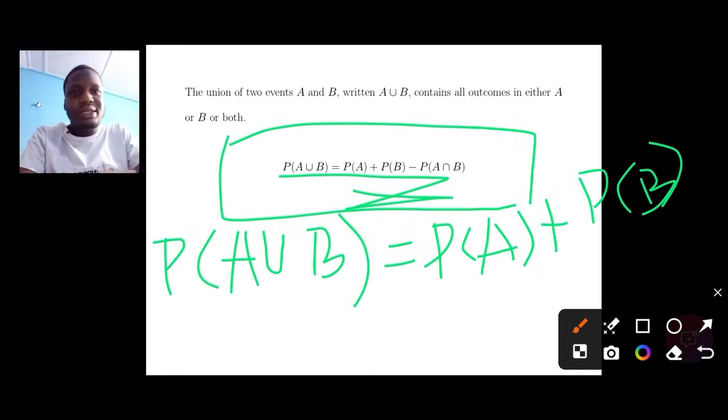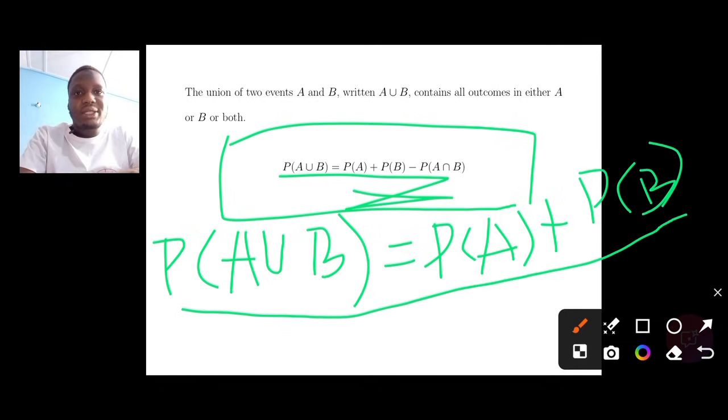And if you've learned this anywhere, don't use it anymore. Well, in some situations, this formula is right, but it's just for some situations. And in those situations, you can still go by the main formula. Just that this part will be 0. So if you don't want any trouble, just keep the main formula in mind all the time. When you are working and it happens that the last part, the intersection part, is 0, fine.